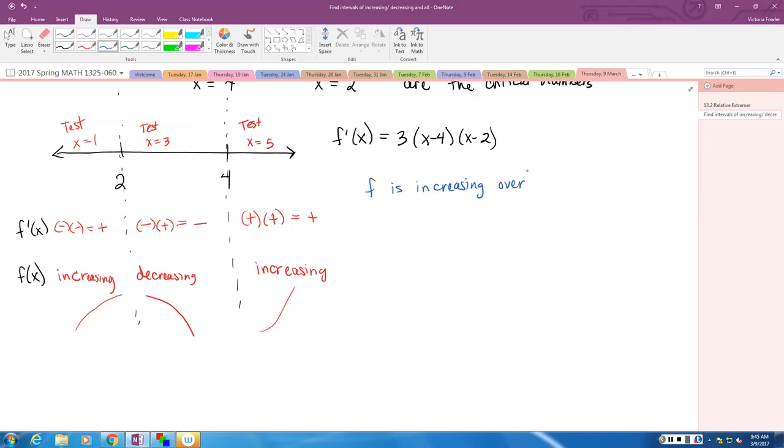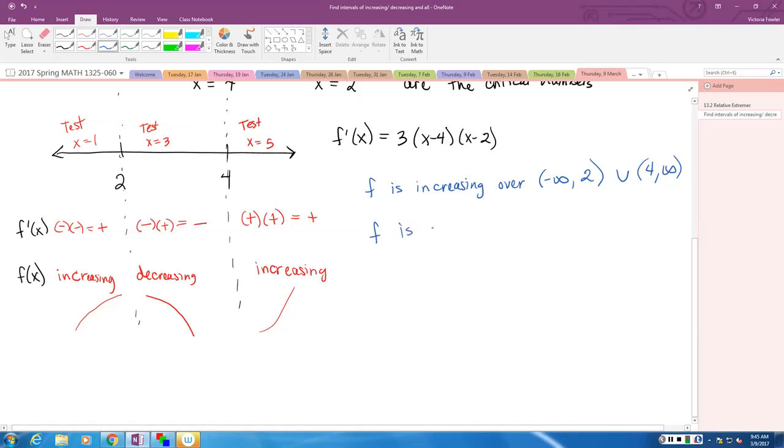Yeah, this is telling me that if I had chosen like x equals negative 1 million, I would still have that the first derivative is positive, which means my function's still increasing. That's right, it's increasing over negative infinity all the way until 2. And then I have another set, so I'm going to put union. And then what's the next set? 4 to infinity. Good, 4 to infinity.